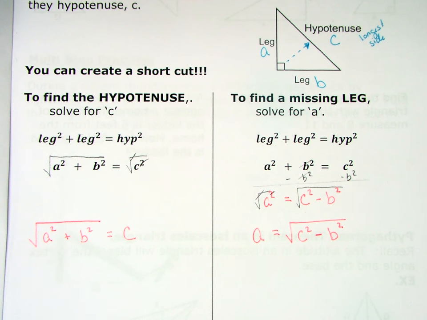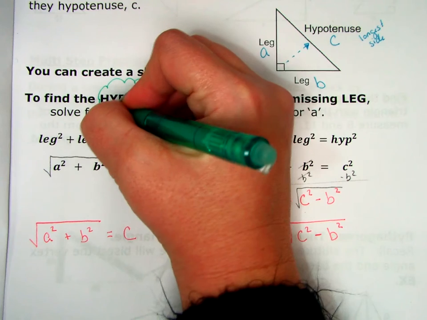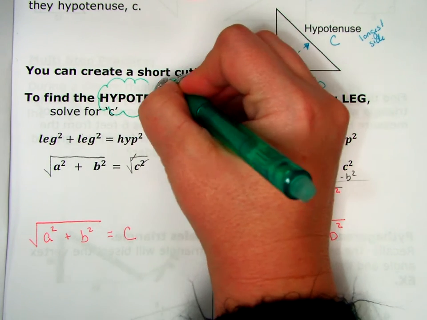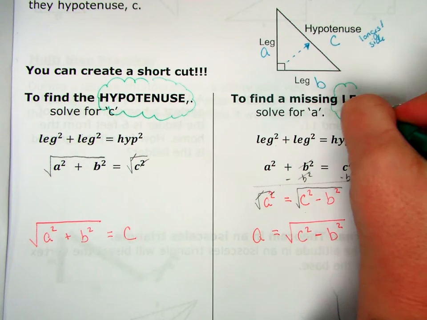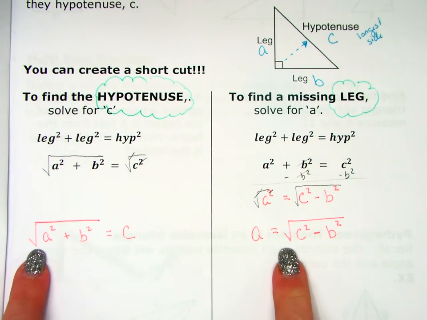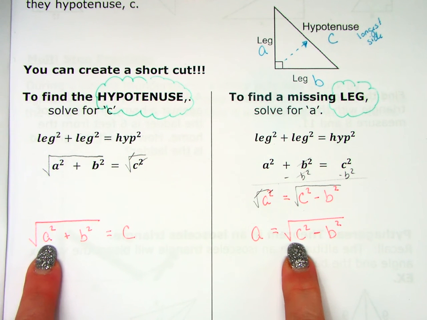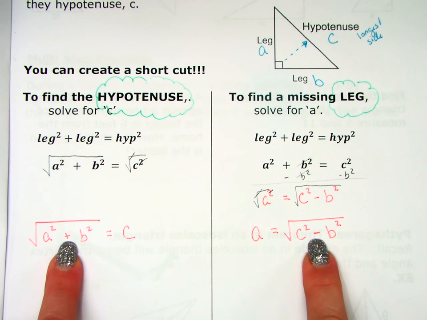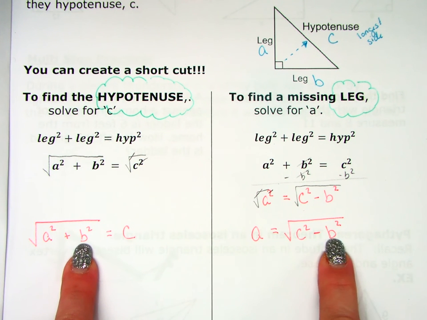So when I solve this for the hypotenuse and I solve this for the leg, I get similar answers. They're just a little bit different. So here I solve for the hypotenuse, and here I solve for the leg. And in both cases, I'm square rooting something. And then inside, I have a number squared, a plus here, a minus here, and then a number squared.